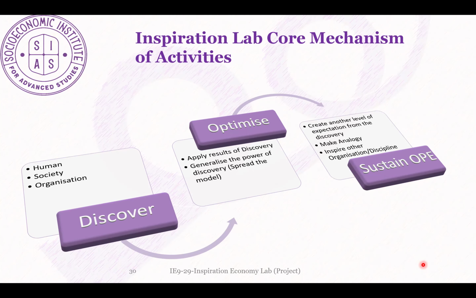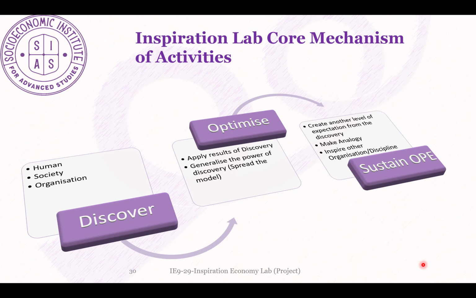When we optimize things, here we start to apply the results of discovery. We start to generalize the power of discovery, the speed of the model itself. And when we start to sustain, it means we create another level of expectation from the discovery.